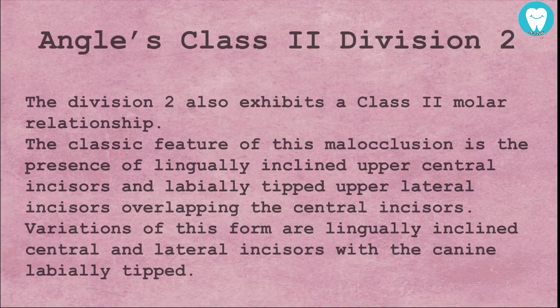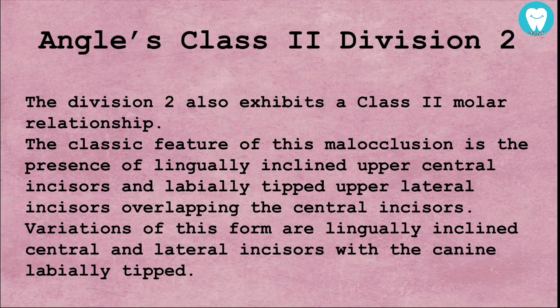Now let's see Angle's class 2 division 2. Division 2 also exhibits a class 2 molar relationship. The classic feature of this malocclusion is the presence of lingually inclined upper central incisors and labially tipped upper lateral incisors overlapping the central incisors. Variations of this form are lingually inclined central and lateral incisors with the canines labially tipped.